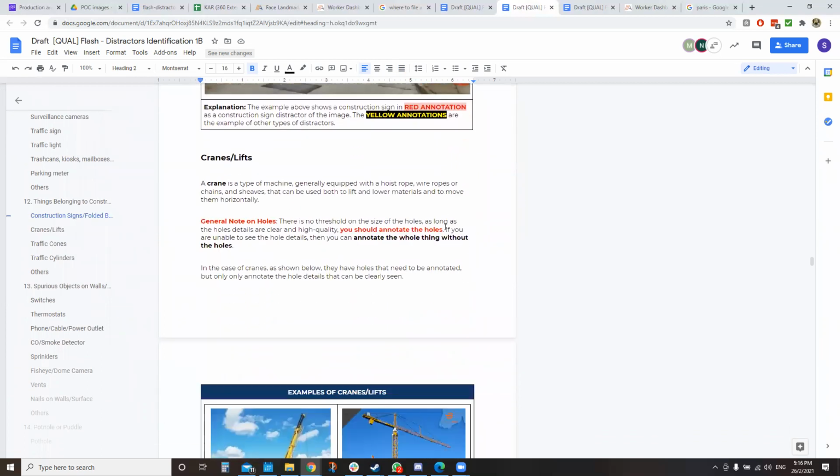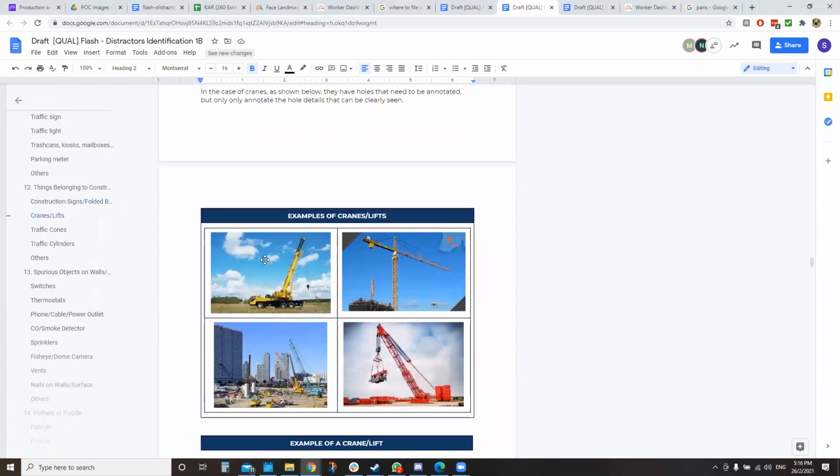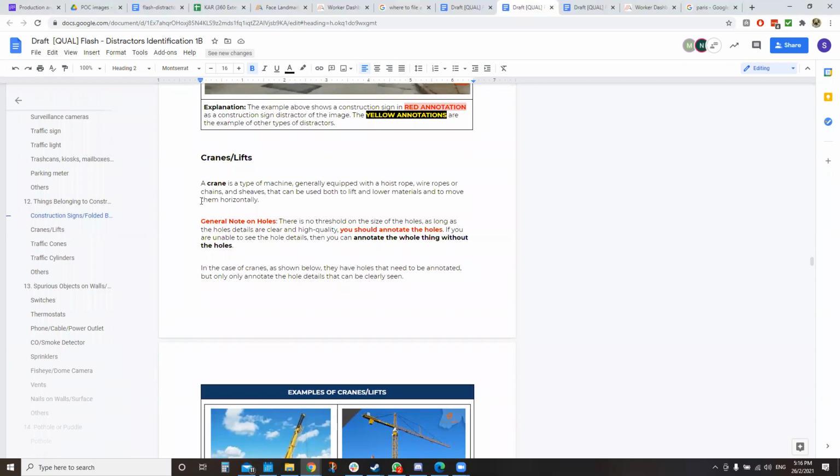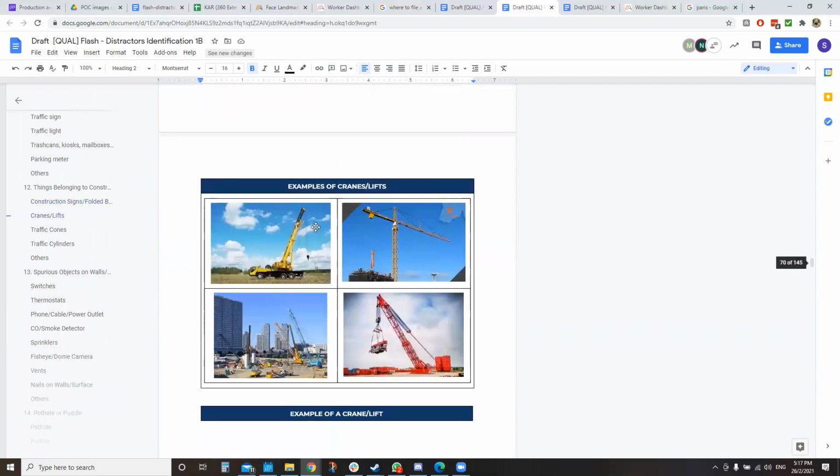Roadworks ahead. So crane, obviously. So again, general note, there is no threshold on the size of the hole. As long as the hole is detailed in high quality, you should annotate the hole. So later I'll explain this also. Holes are also to be annotated, but I'll show it to you later.